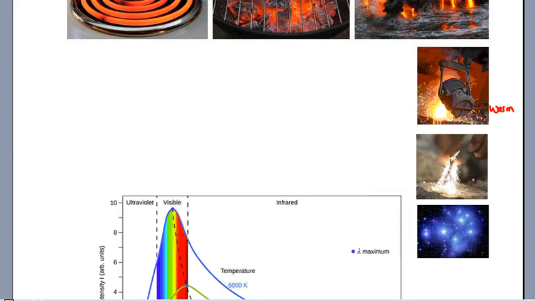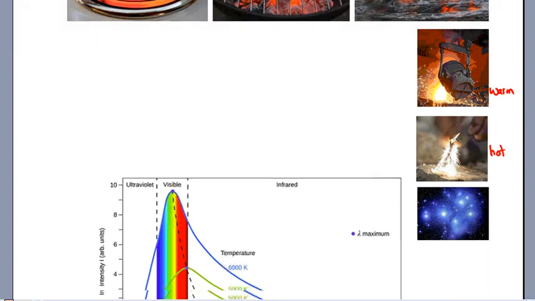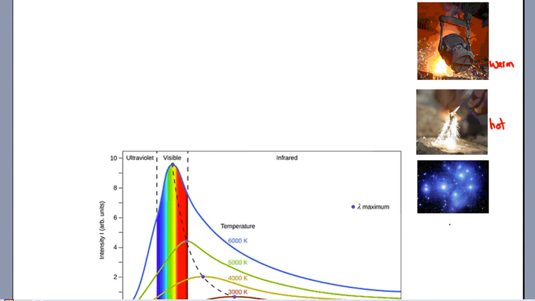And then if I get to the temperature of maybe some sparks coming off a grinder, well, they're now full on hot. They're a different color. They show up as very white. Or if I were to look at some stars out in the night sky, some of them are blue. And it turns out those blue stars are very, very hot. So let's try to figure out exactly why we see those colors.